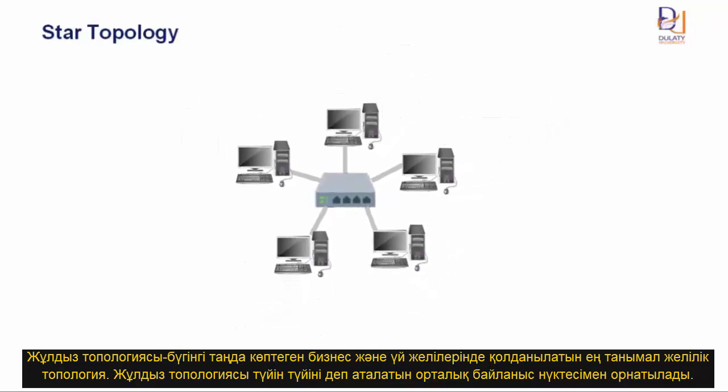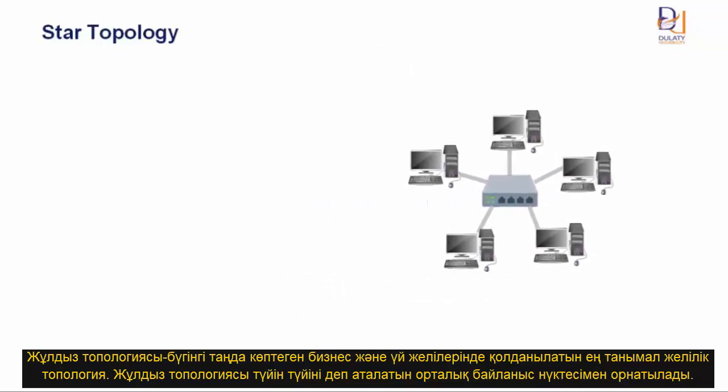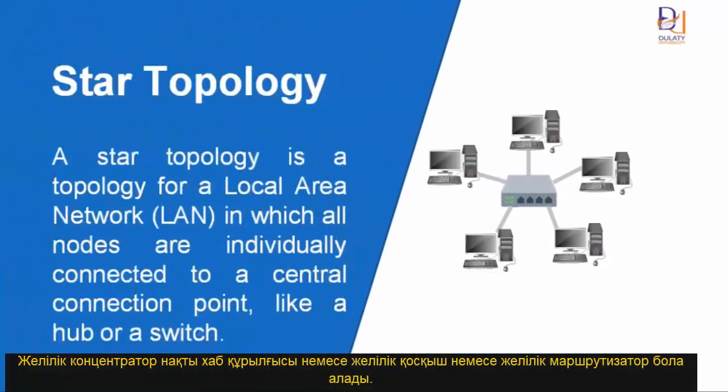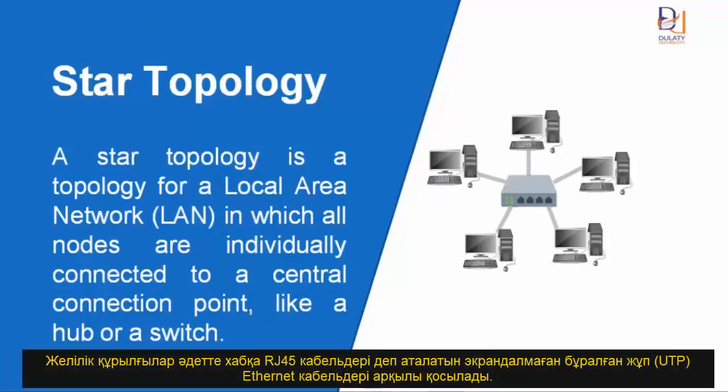A star topology is established with a central connection point called a hub node. The hub may be an actual hub device or a network switch or a network router. Network devices are generally connected to the hub with unshielded twisted pair Ethernet cables, also known as RJ45 cables.